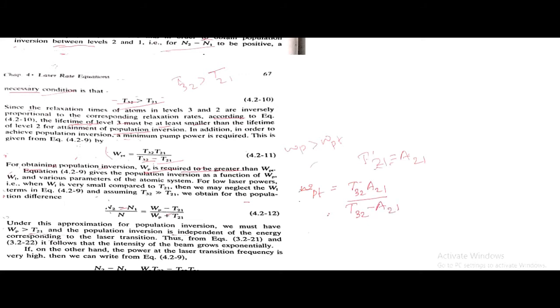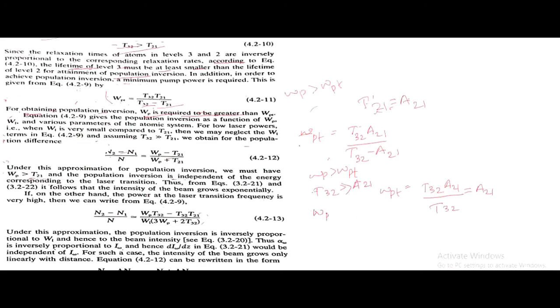Therefore, for obtaining population inversion, WP must be greater than WPT, as T32 is very much greater than A21. Therefore we can write WPT equals T32 A21 divided by T32, which is equal to A21.